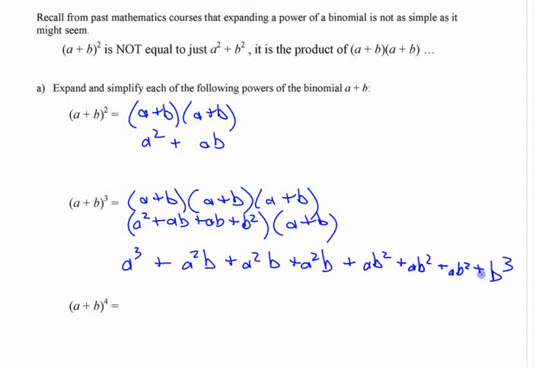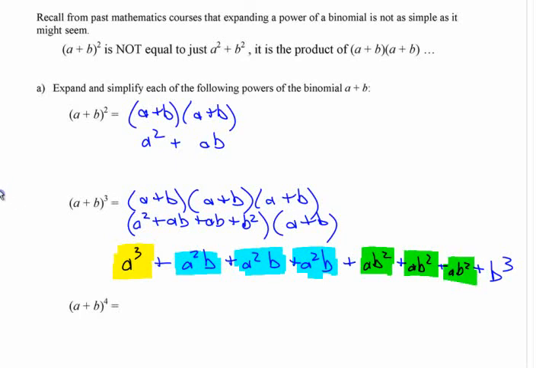Now, obviously, that's not the normal way you write it out, but I do want you to see the pattern here. There's 1 way you can get that. There's 3 ways you can get this. There are 3 ways you can get this. There's that many ways you can get that.